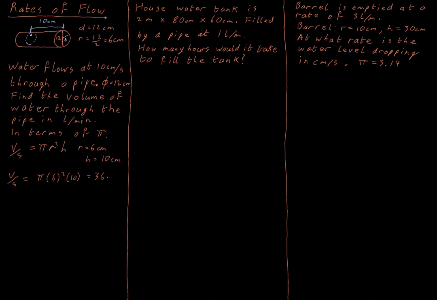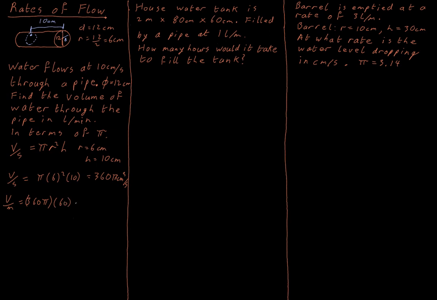It's going to be 360 pi, and that is currently centimeters cubed per second. So we've got the volume per second, but we want to turn it into liters per minute. So we need to start converting. So if we wanted to turn that into per minute, well, every second we're getting this much. So in volume per minute, we'd have 60 times that, because every second we're getting our 360 pi through.